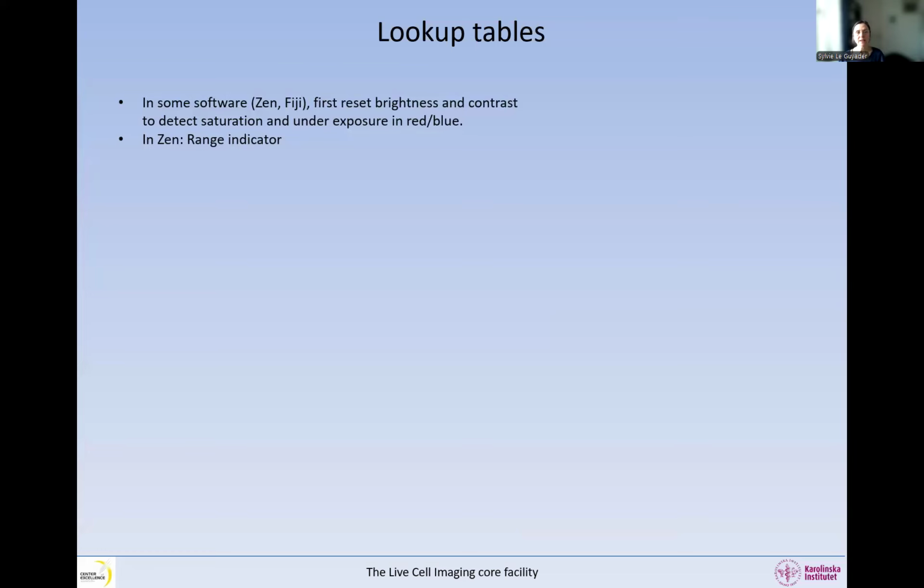In some software, you need to first reset the brightness and contrast, showing all the bit depths available in the image, to detect saturation and underexposure. This is the case in Zen and in Fiji. In Zen it's called the range indicator; in other software, you don't need to do that. It's just a choice of the manufacturer.